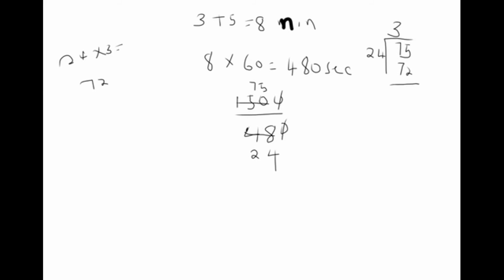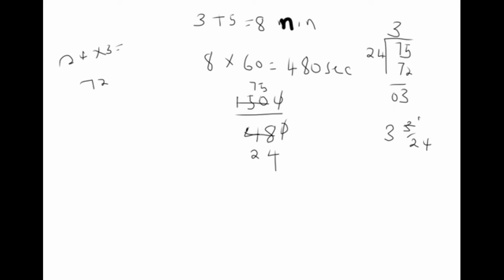Subtract: 5 minus 2, 3. 7 minus 7 is 0. So we have 3 and 3/24 meters per second. Can you simplify further?